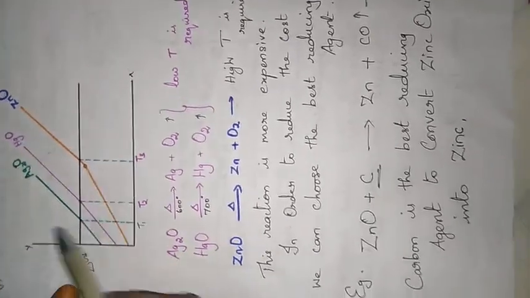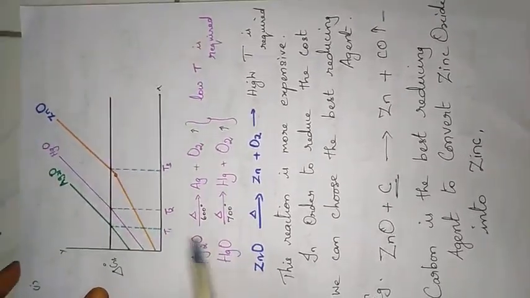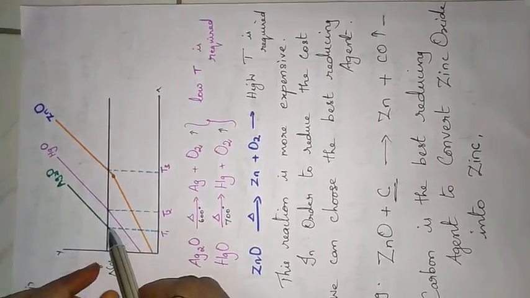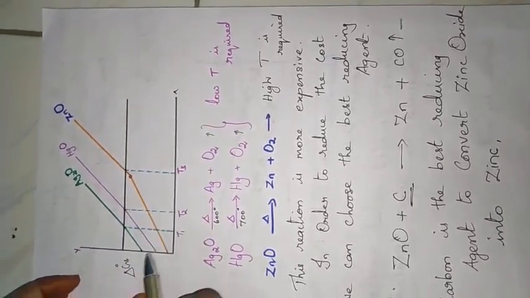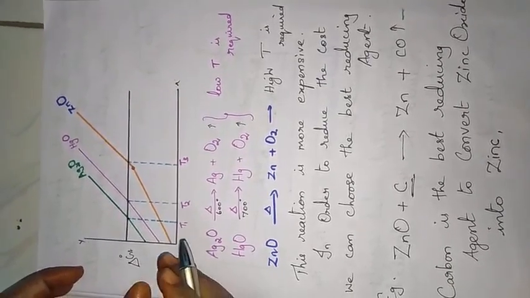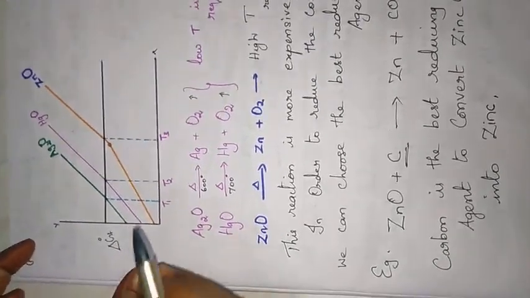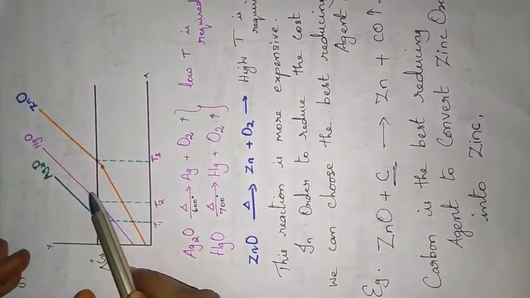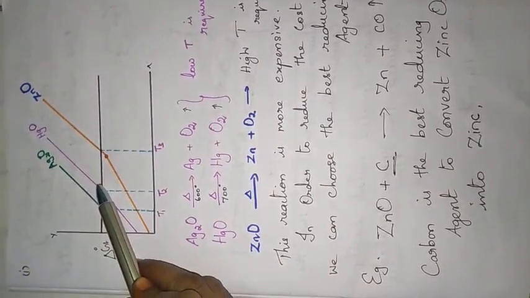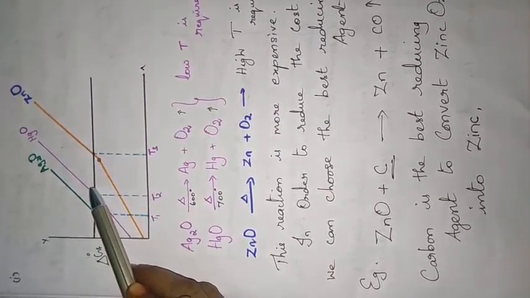See, listen, Ag2O and mercuric oxide, HgO. First you have to note the temperature. As I already told you, at the lowest or moderate temperature, these two, silver oxide and mercuric oxide, are located at the top of the Ellingham diagram in your textbook.